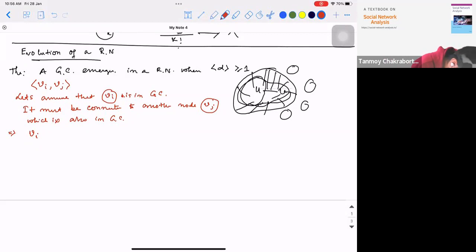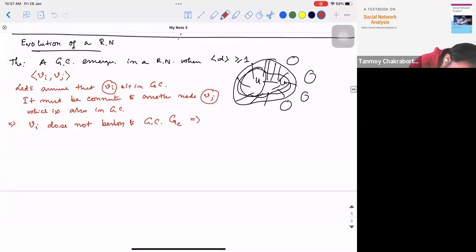So now, if Vi does not belong to the giant component, which we denote by G sub C, this particular thing happens in two different ways, right? The first way is that the edge Vi Vj doesn't exist.